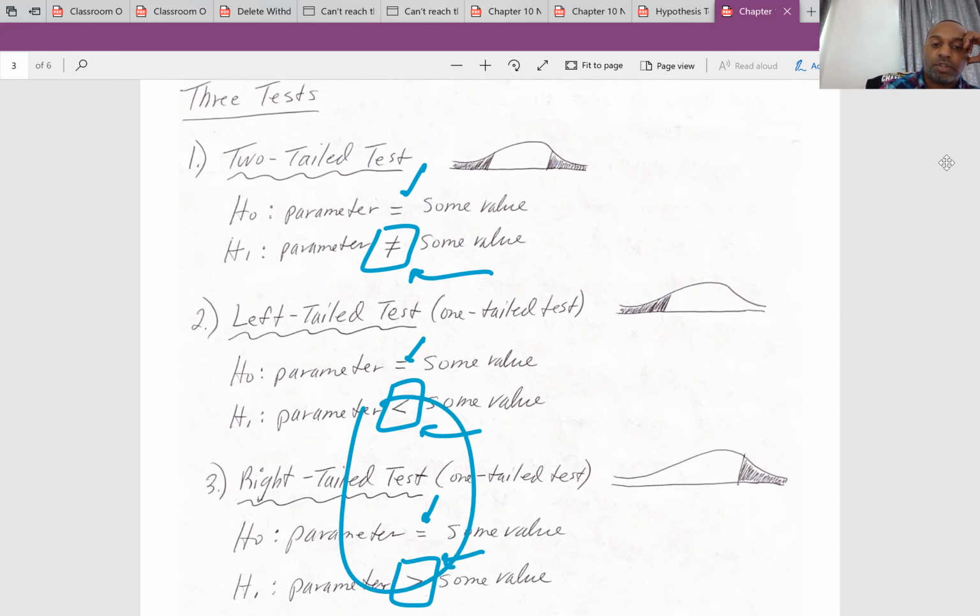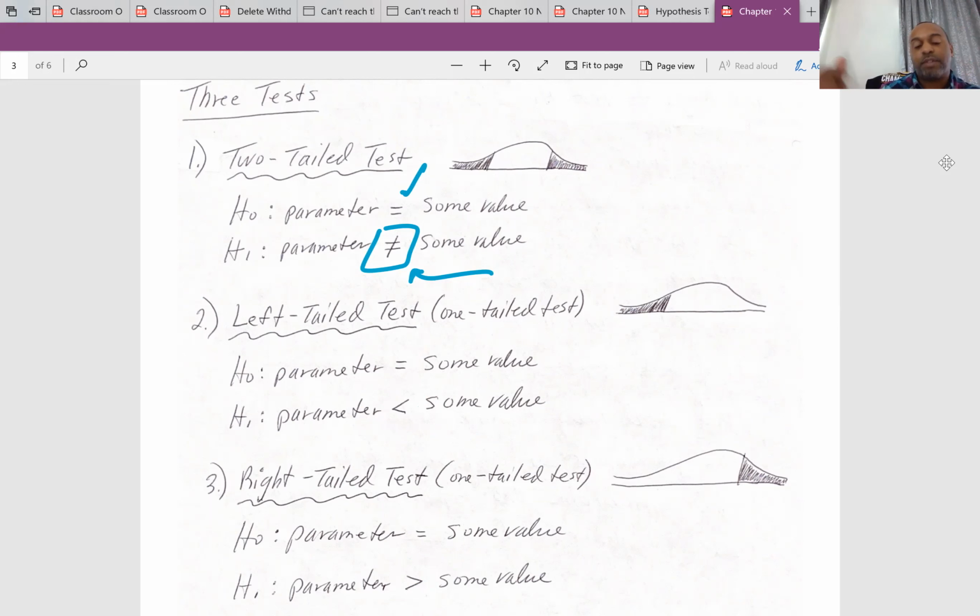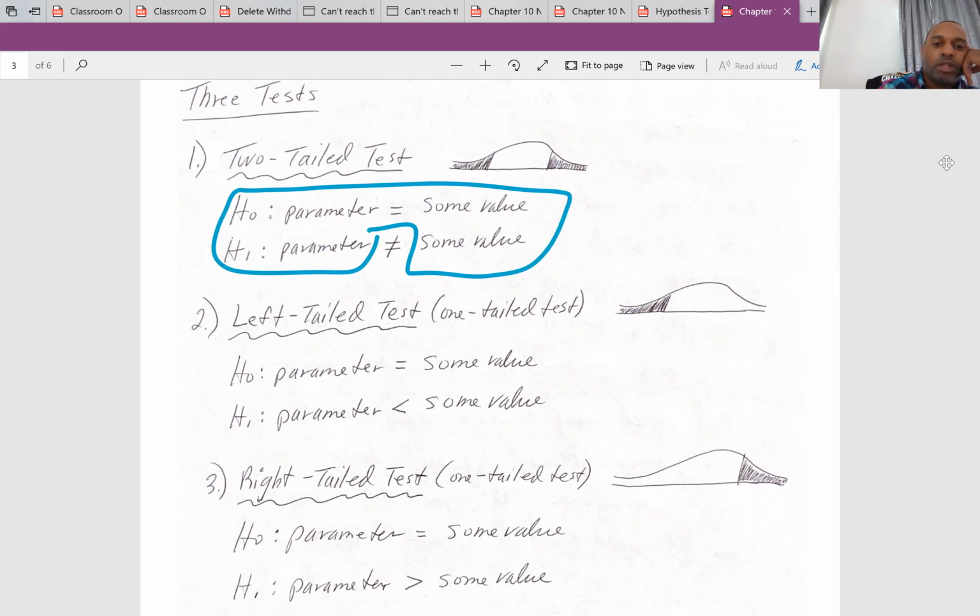So with these 2, it's going to be some of the same keywords when you talk about less than, greater than. But here you're talking about maybe different or not the same as, that would be the keyword to let you know that it's not equal to, or in other words, a two-tailed test. So these are 3 tests that we will be performing. And once again, all of them are the same, except for this symbol right here.